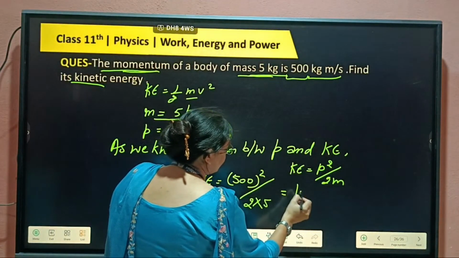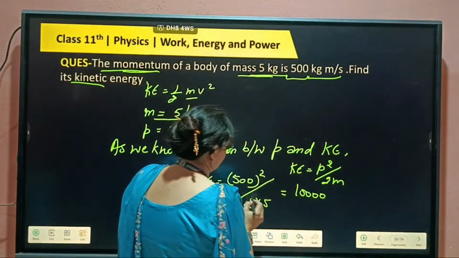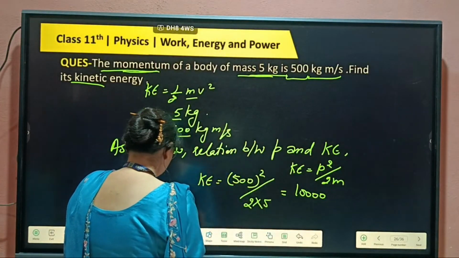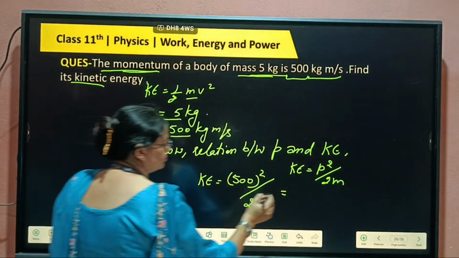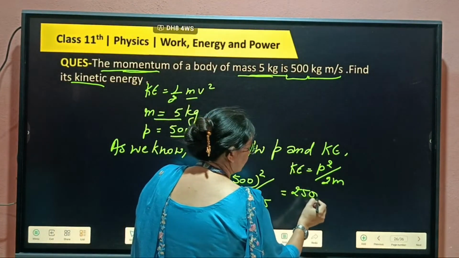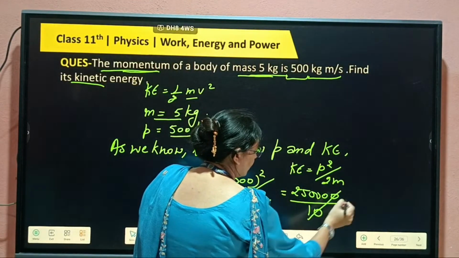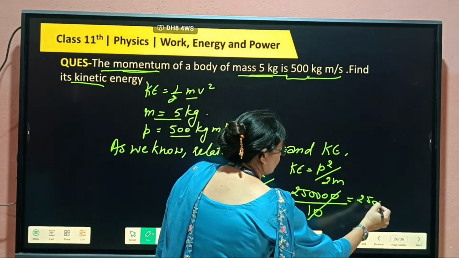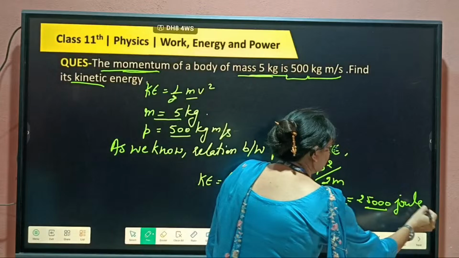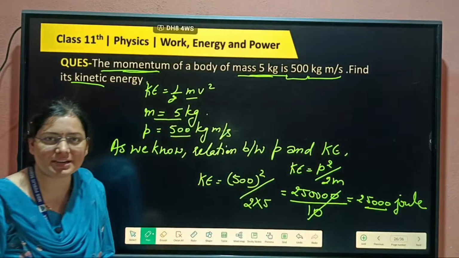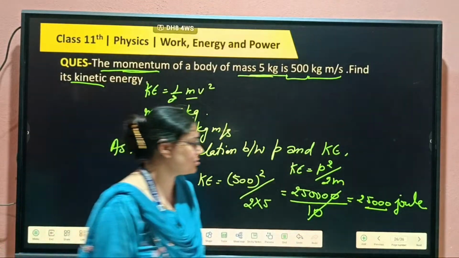So here we can write, sorry, here will be 25, not 10, square of this one 25, then here will be 10. Okay, so here left 2500, this is our energy that has come out, in joule only. Always write the SI unit, beta; whichever quantity you are finding, always write the SI unit of that quantity.